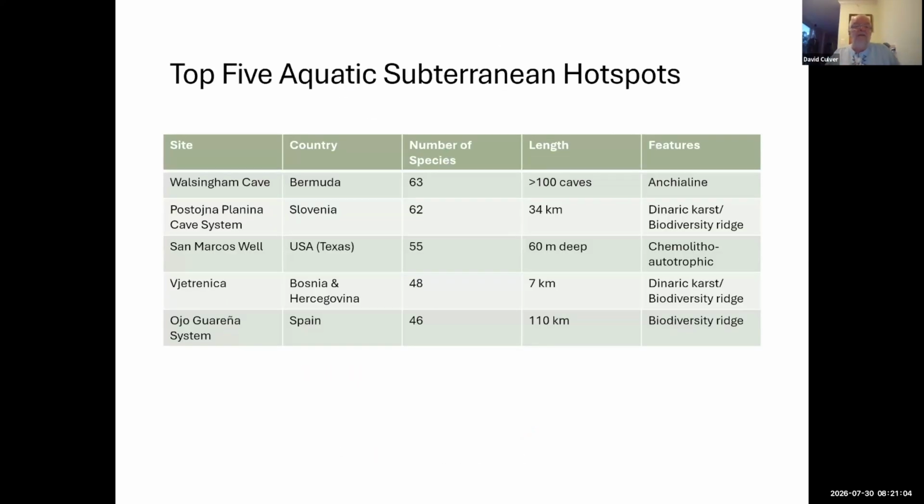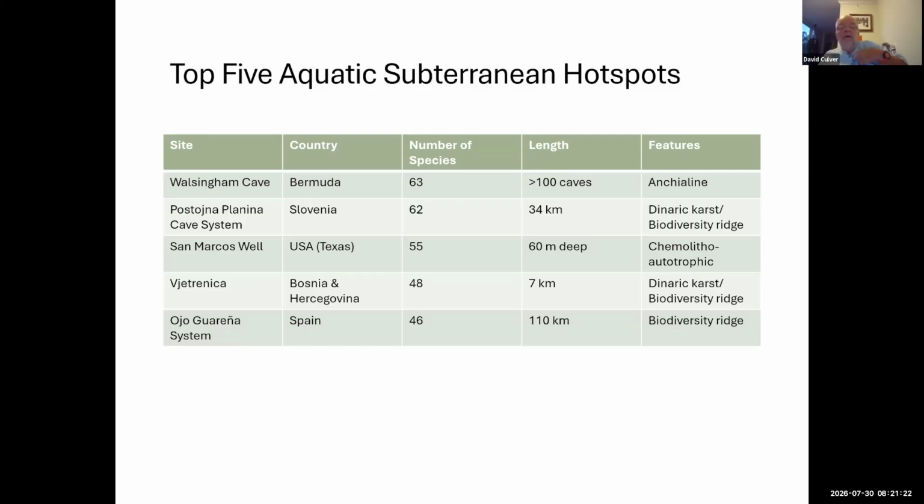So here are the top five aquatic hotspots, just to give you some sense of what these are. Walsingham Cave is an anchialine cave in Bermuda. Anchialine caves are caves that have a connection to the sea.